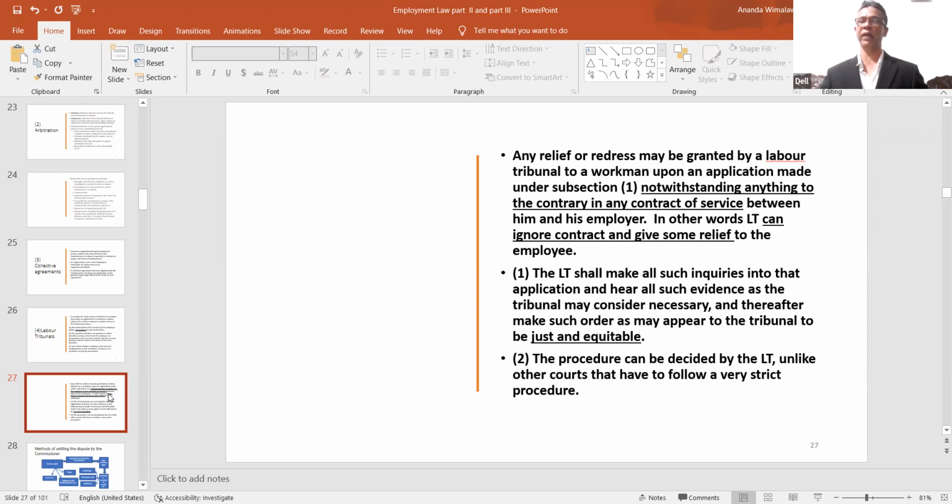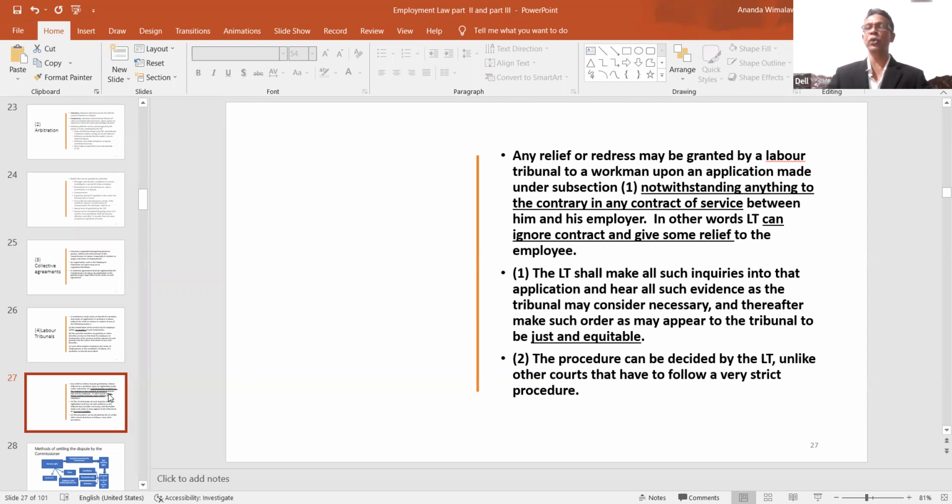Forget about subsection 1. Notwithstanding anything to the contrary in any contract of service between him and his employer. In other words, the LT can ignore the contract of employment and give some relief to the employee. In a simple way. Next bullet form.